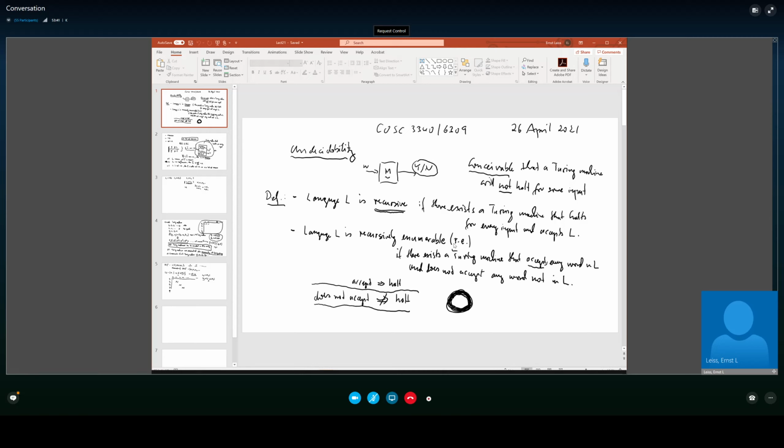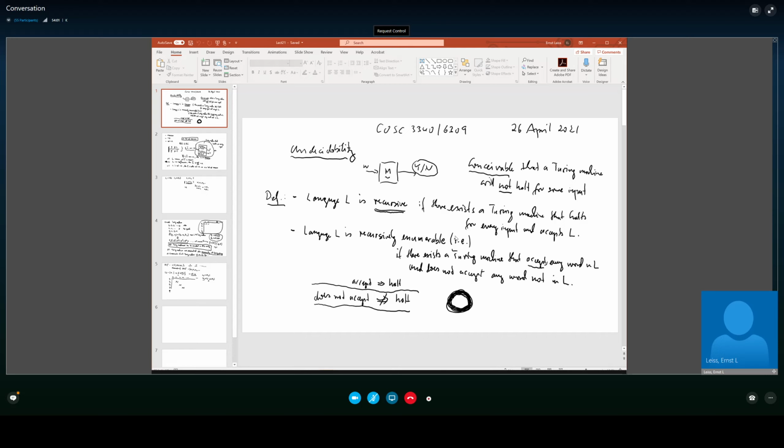If we don't know whether the Turing machine halts on every input, but we do know that it accepts precisely those words in the language L, then we simply have established that the language is recursively enumerable.